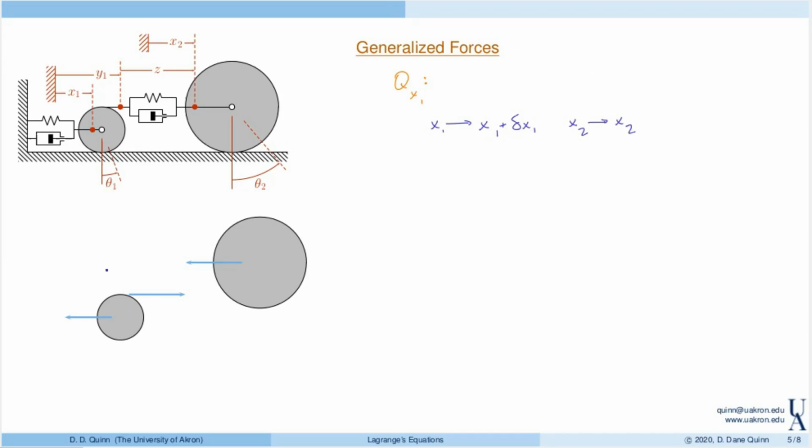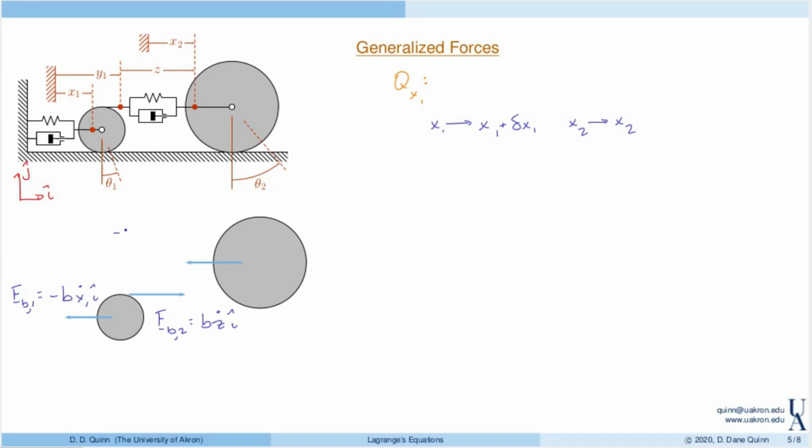So now, if I look at these forces, this force was FB1, and it's going to be minus B x1 dot in the I direction. Right, so remember I was this direction and J was that direction. While for this second force, FB2, that's B times z dot in the I direction.